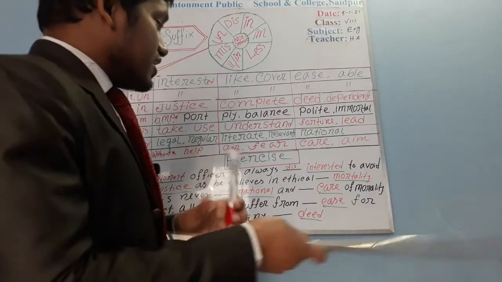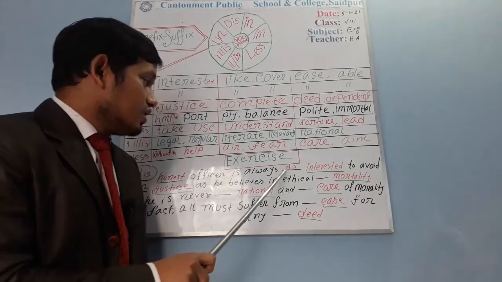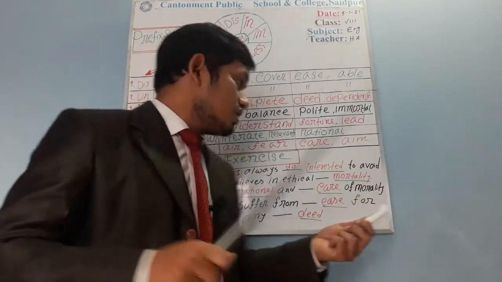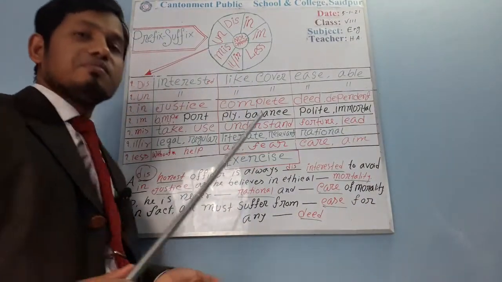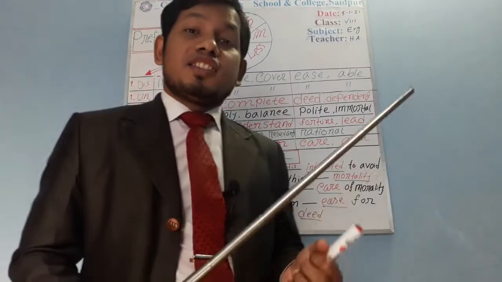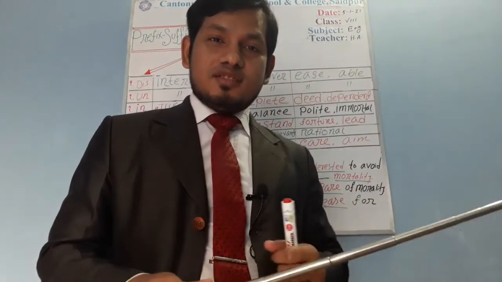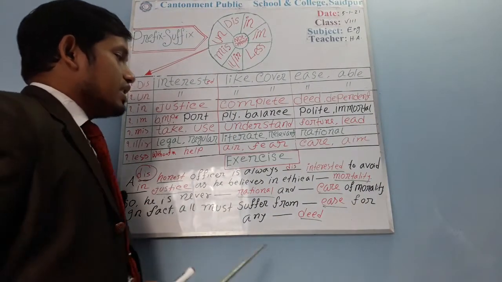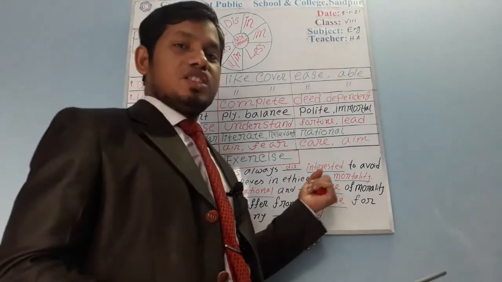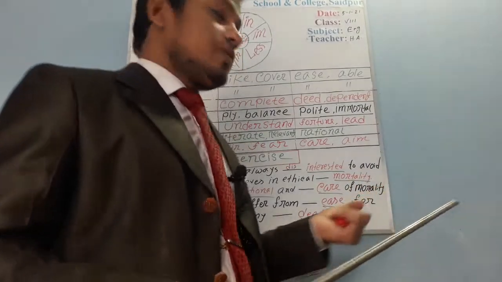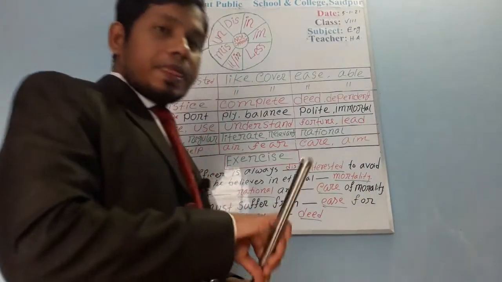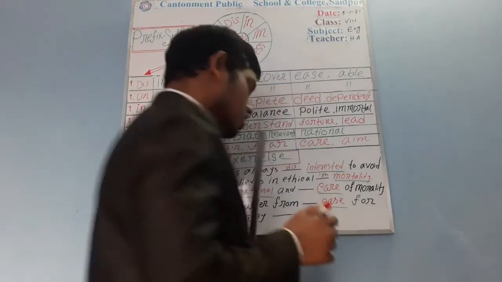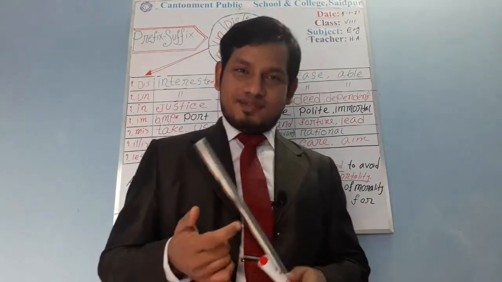So learners, let's know the meaning. Is always disinterested means impartial, to avoid injustice, that means he doesn't like injustice and immorality, right? Injustice, as he believes in ethical, that means the spiritual and the religious fact. Immortality means, here you know, mortality means must face death.